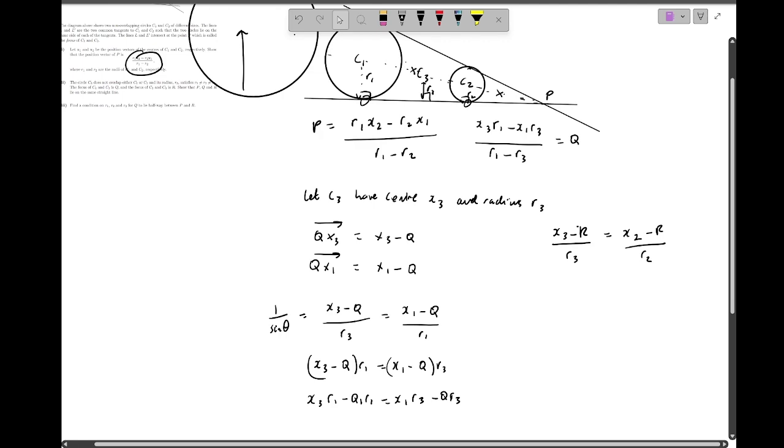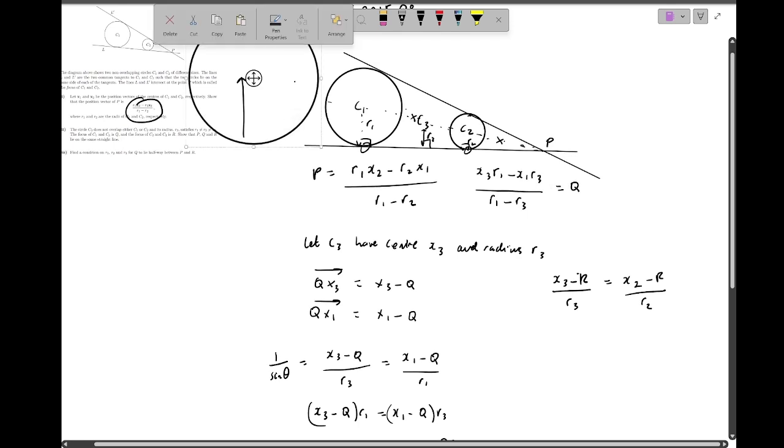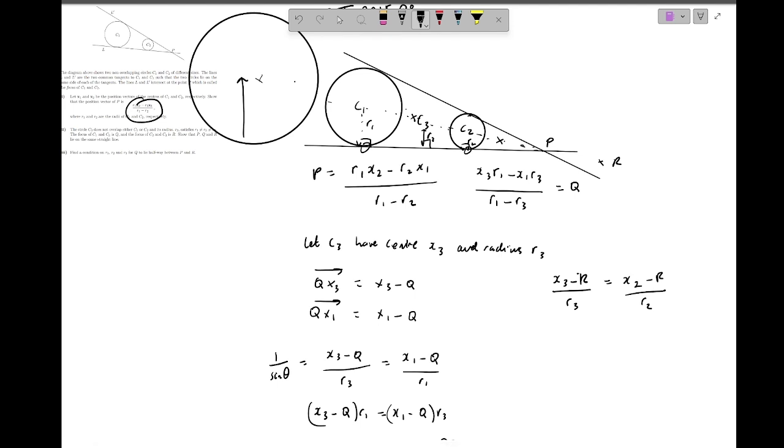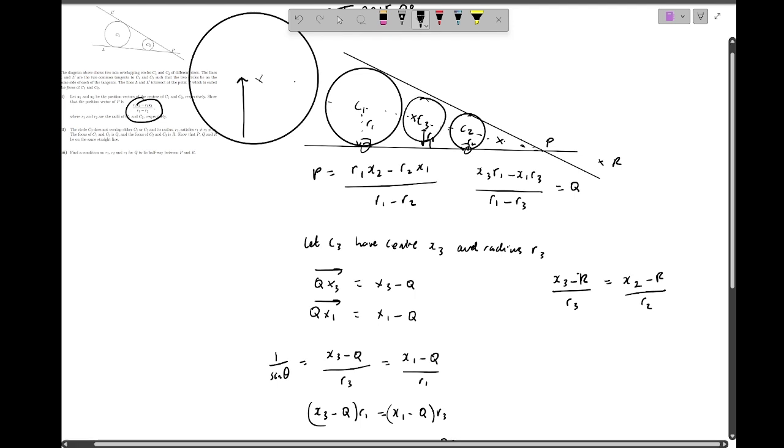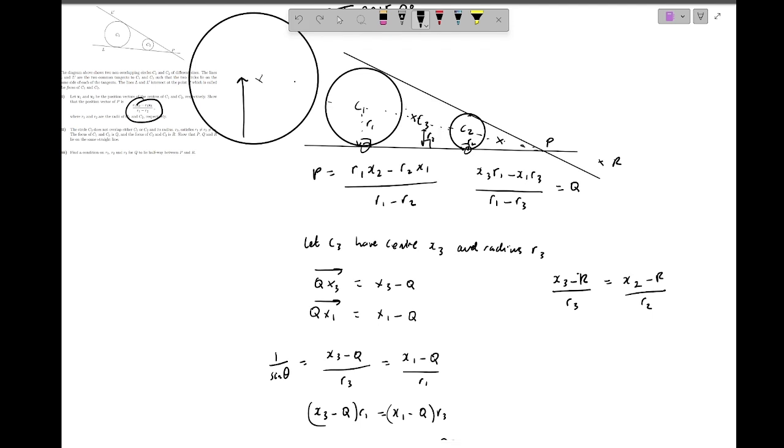And again, it does not matter where you put C3, because even if r is, let's say, here, the vector between them is still x3 minus r. Even if C3 was in the middle, it would still be x3 minus r. So it doesn't really change; it's always going to be the position vector of the center minus the focus.